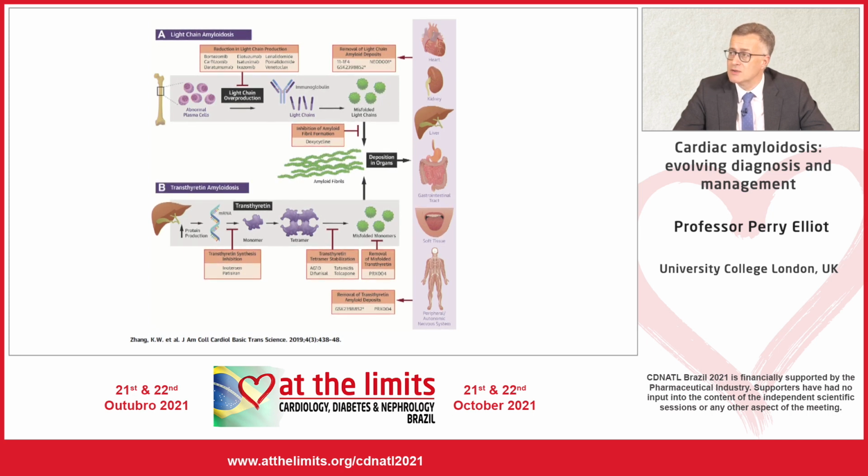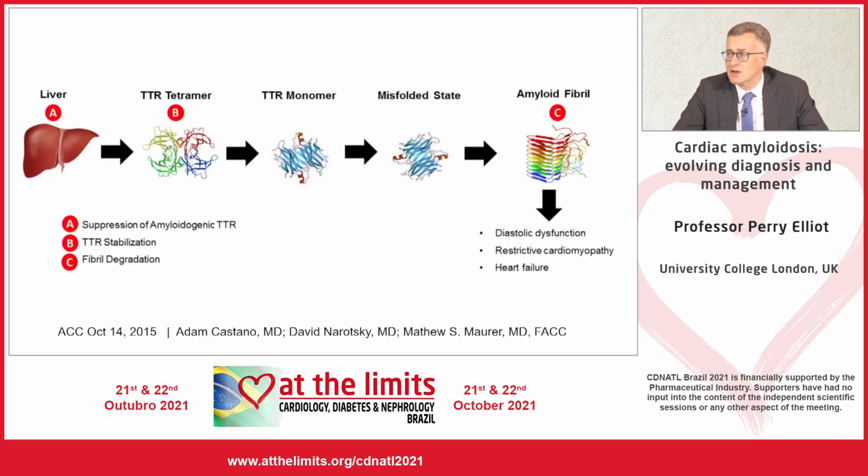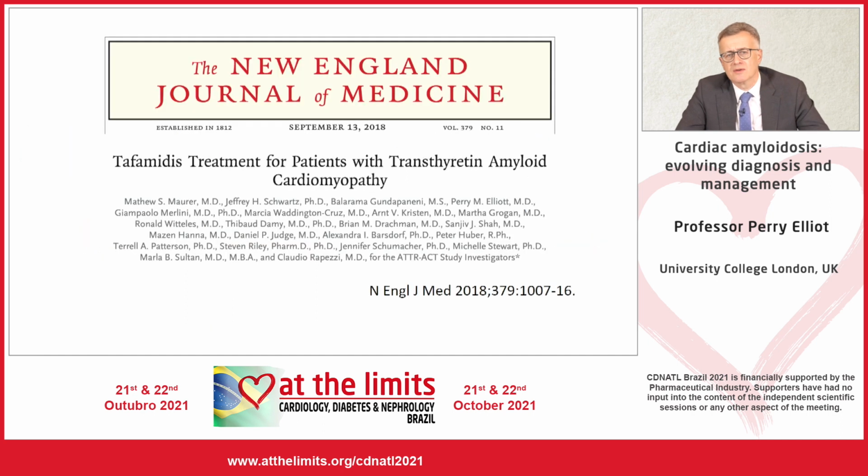For TTR amyloidosis, there are a number of approaches that are now being evaluated, all of which are targeting the production of TTR in the liver, or stabilizing the TTR tetramer, or potentially removing fibrils from the heart. So far, only one of these has been subjected to a randomized clinical controlled trial in patients with cardiac amyloidosis.